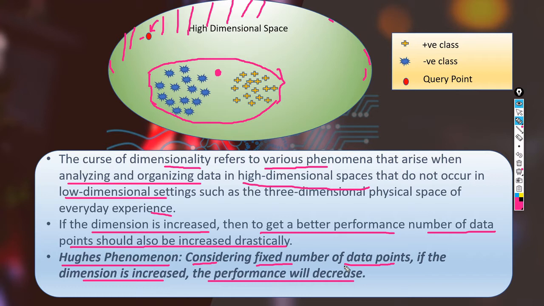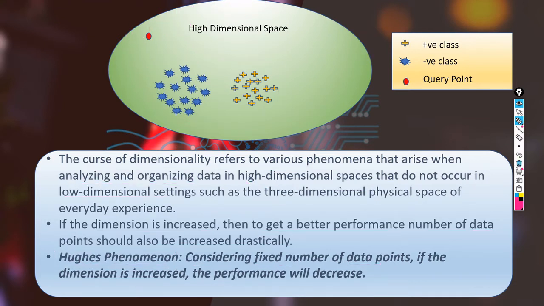If I calculate the accuracy after training, I should see a drastic drop, say from 90% to 80%. This is called the Hughes phenomenon. This is one of the problems we face in high dimensional data.